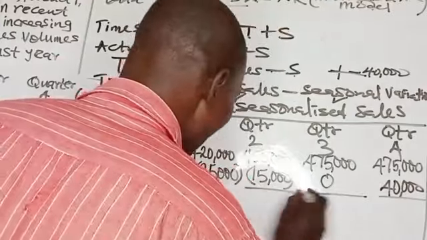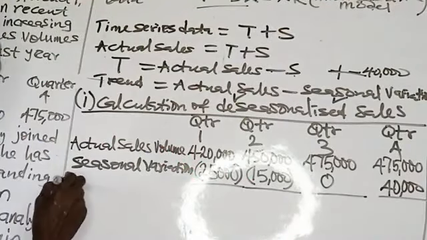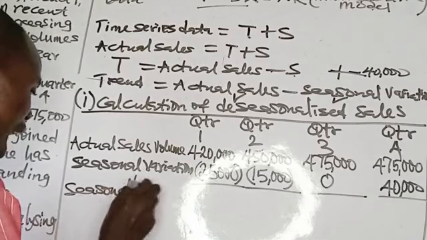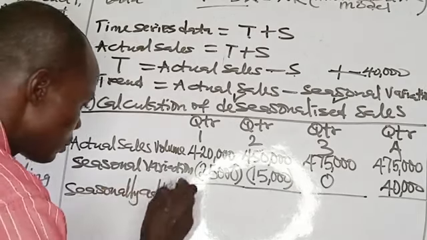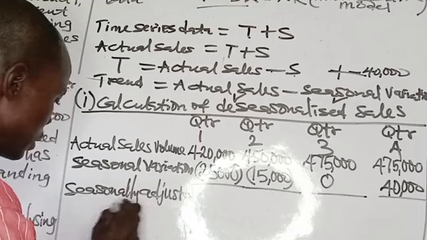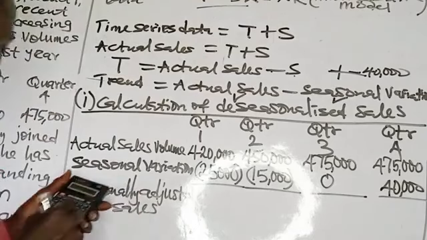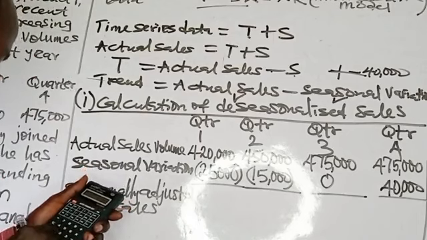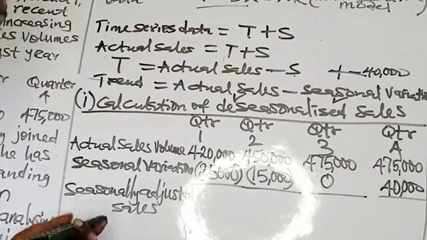Now, let's adjust for that. So we now have seasonally adjusted sales. For 420,000 minus 25,000, that gives us 395,000.